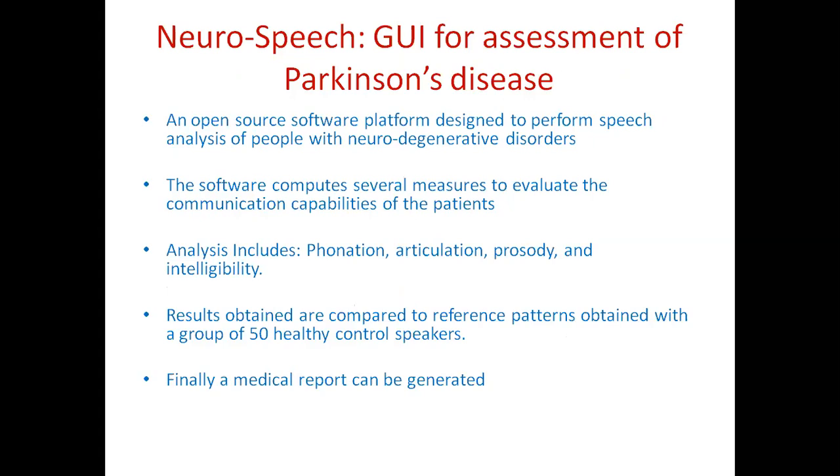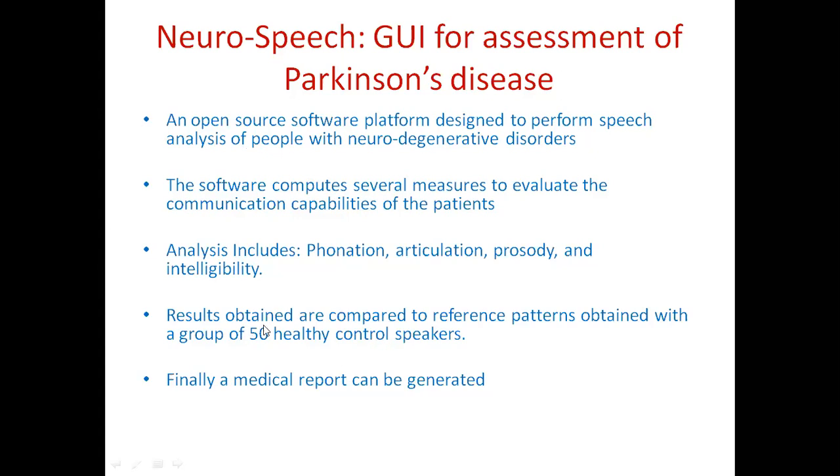And next, like I told, there's a graphical user interface which is available. This is called NeuroSpeech. This is used to assess Parkinson's disease. It's an open source software platform designed to perform speech analysis of people with neurodegenerative disorders.